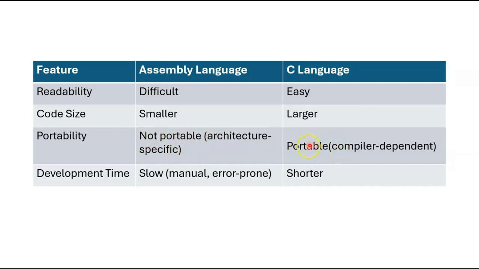Whereas C is a much more portable option, where you can port the same program over to another microcontroller or microprocessor with some changes. Now, development time: although it's not so obvious from the example that we see, I can testify that it is a lot harder and slower with assembly language, and a lot shorter development time using the C language.